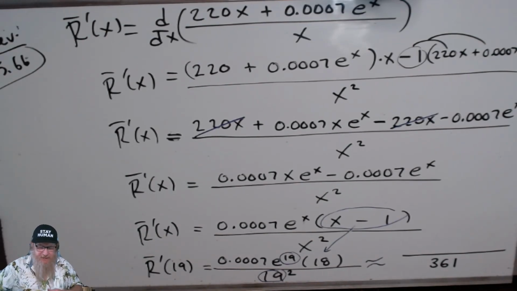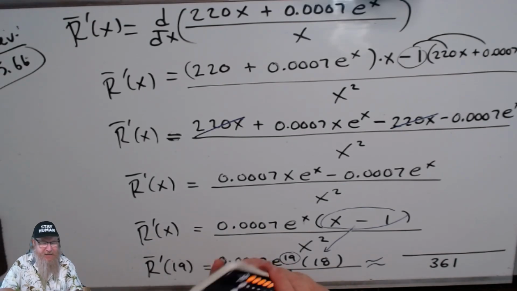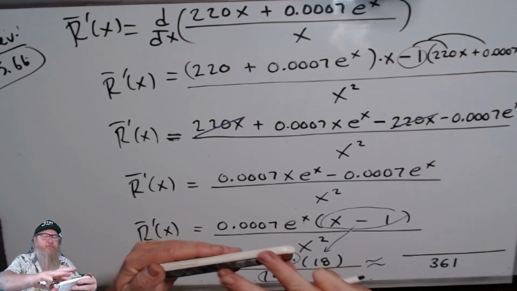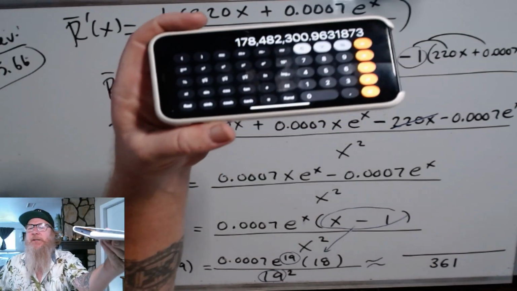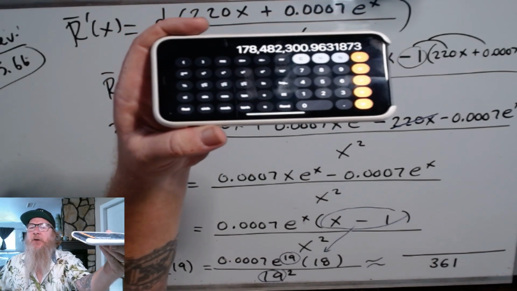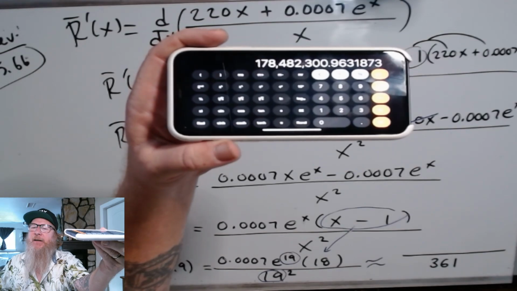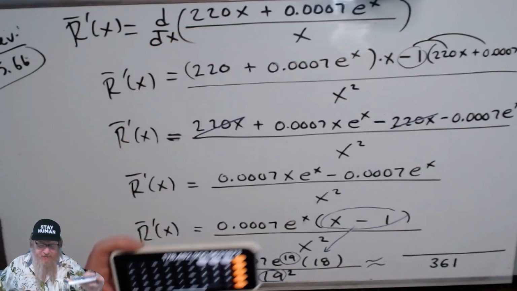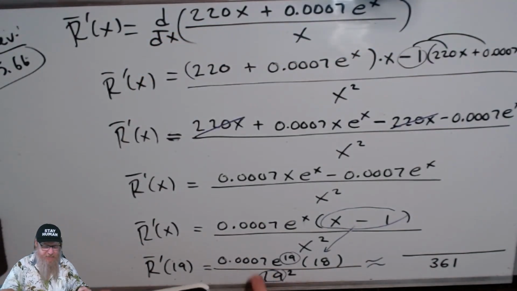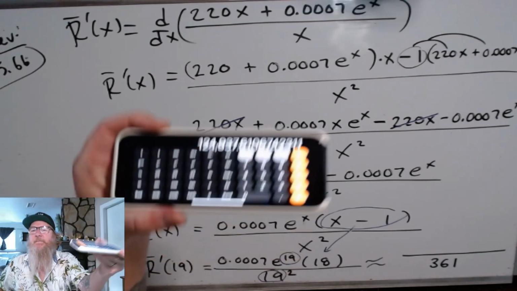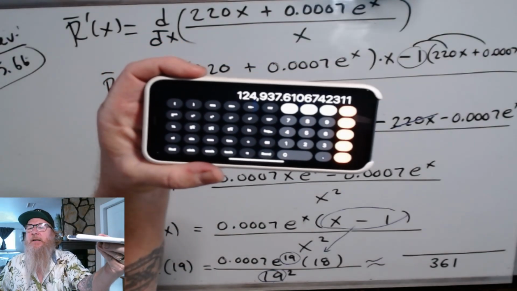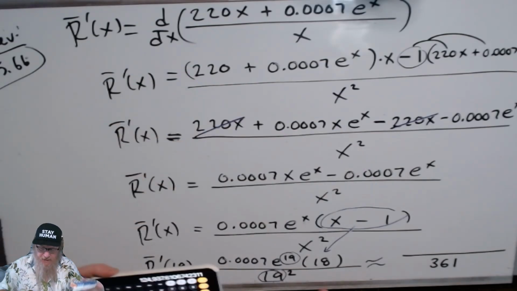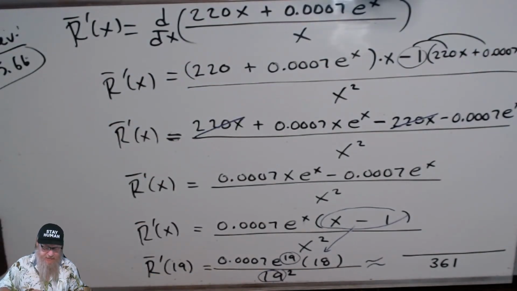We got to do the rest of this now. Do the e first. So you got e to the 19. That's huge. Remember, we saw that earlier. I mean, if you already wrote that down, then you already have it. It's like $178 million. Times 0.0007. It's still a lot of money. It's $124,000 times 18.